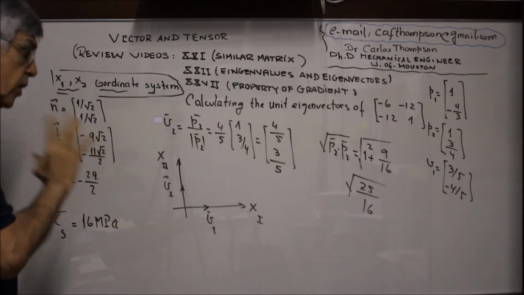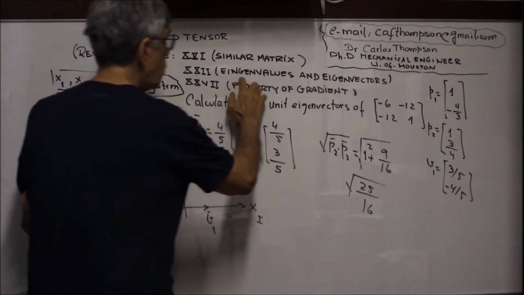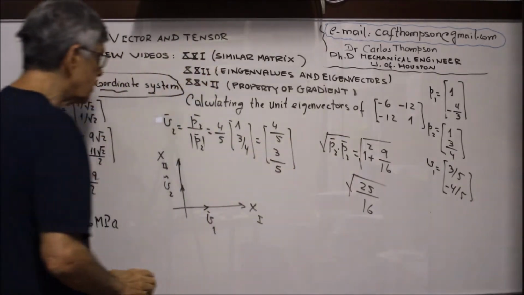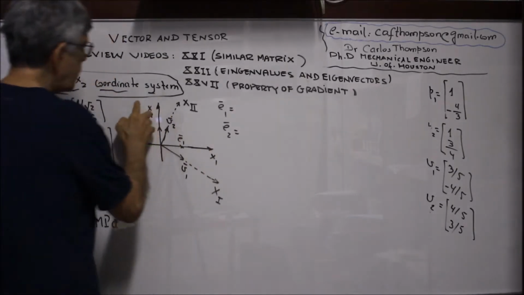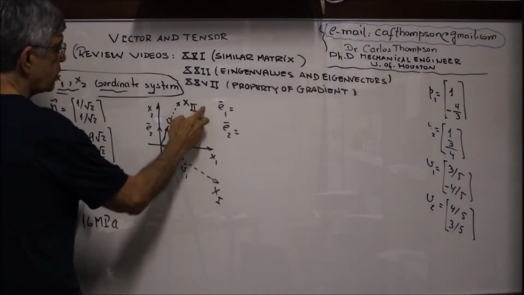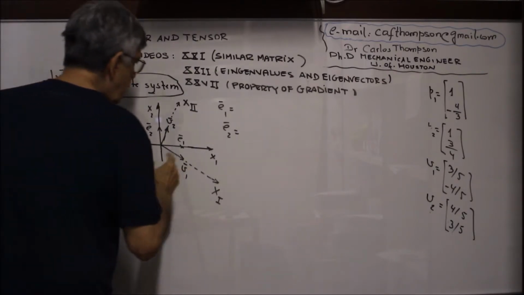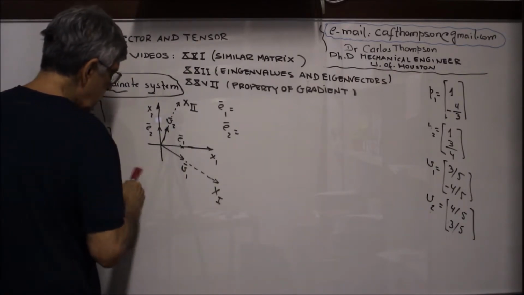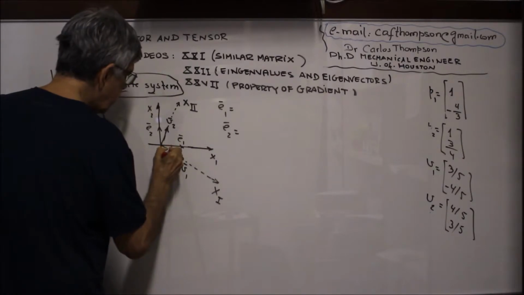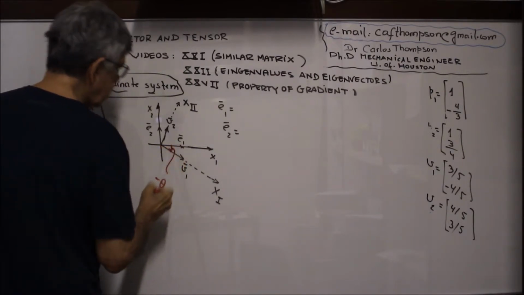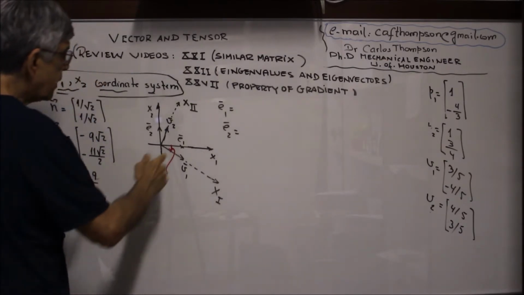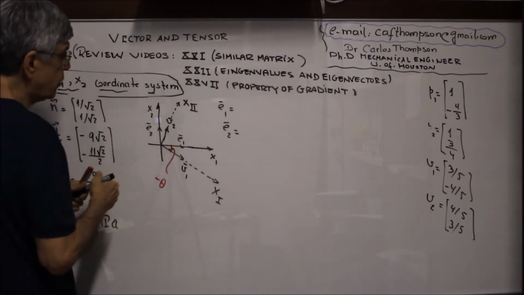Before that, let's go to eigenvalues and eigenvectors. This is x1, x2, and this is x1, x2 in Roman. Now, this is minus theta. That doesn't matter. Let's write down U1 from this picture.